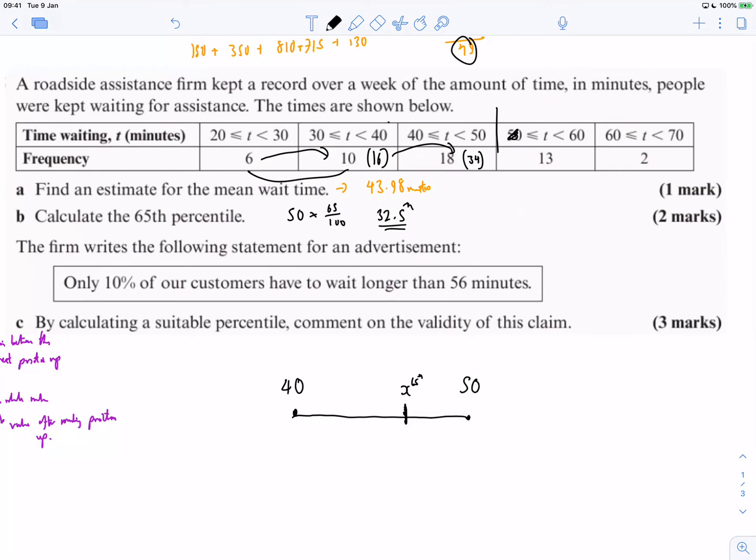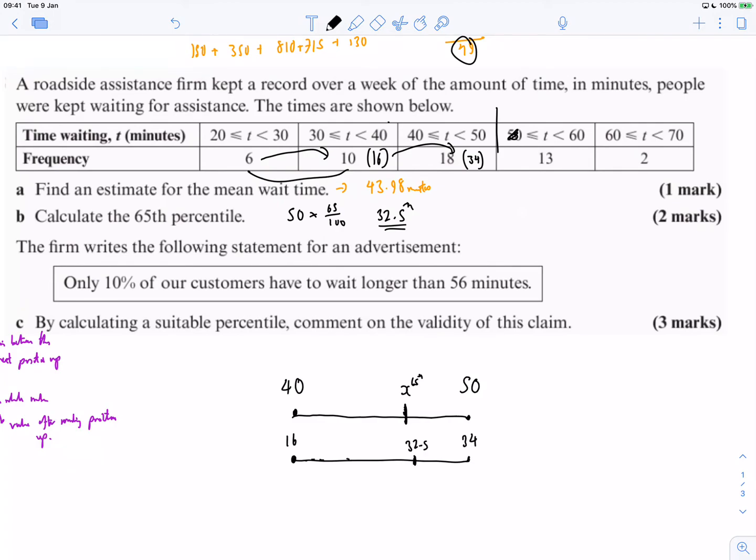So if we start at 16, and it goes up to 34, which is up here, then from here to here should be 18 wide. 34 minus 16 is definitely 18. And this is continuous data. Oh, I did it again. So technically I could have any frequency between 16 and 34, but I'm interested in the 32.5th one, which is over here, 32.5.